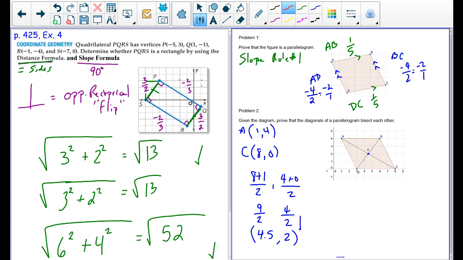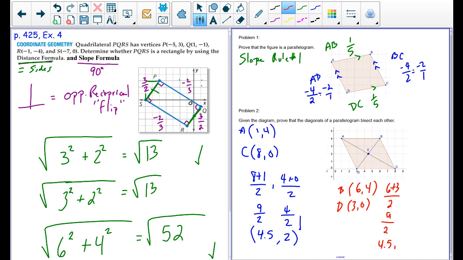So if I look at point B, it is 6, 4. Point D is 3, 0. So again, adding them together, 6 plus 3 is 9. Half of 9 is 4.5.